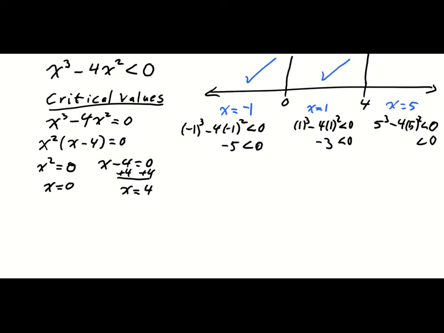So that becomes 125 minus 100, which is 25. And that one is not true. 25 is not less than 0. So we only have those 2 regions as our answers. So we will look at how we both graph those and write the interval notation.